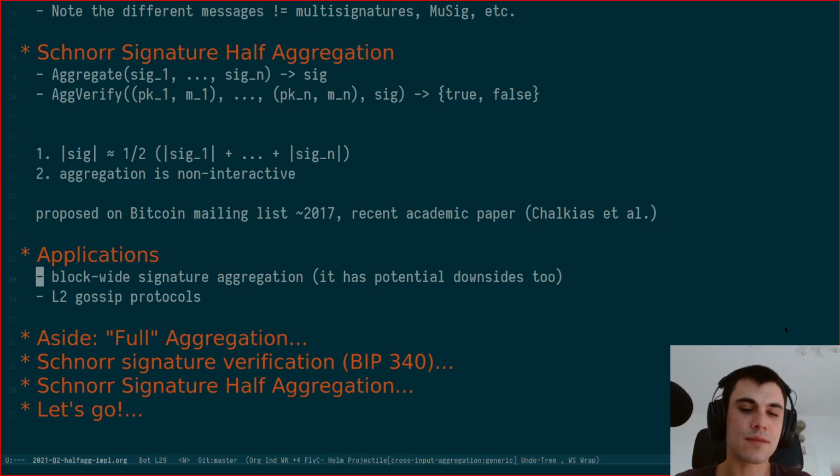Right, but if you forget about the downsides for a minute, the savings here would be huge, right? You would save half of the signature per transaction in size. Yep, which is like 32 bytes per transaction.